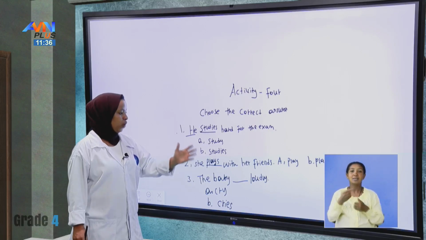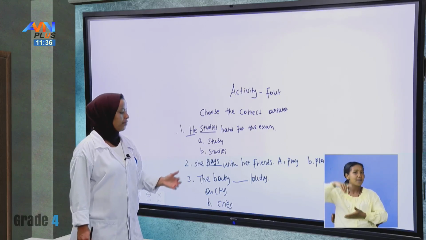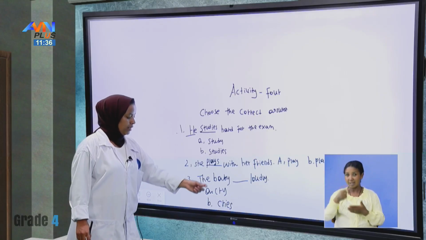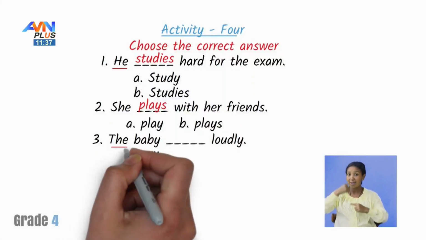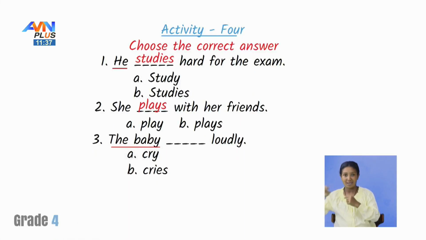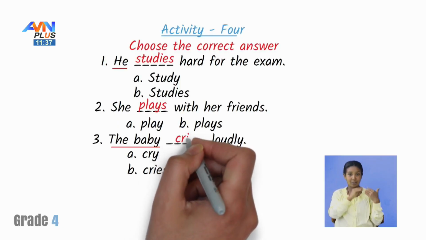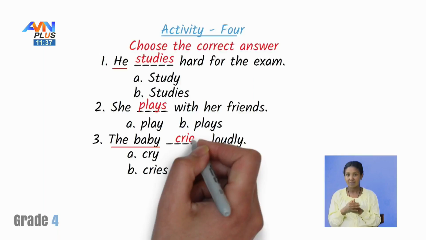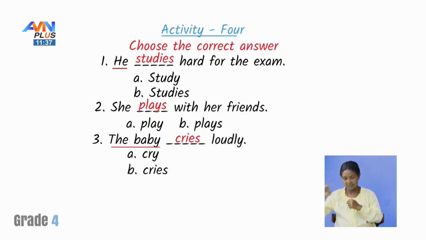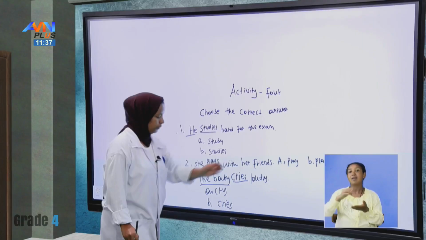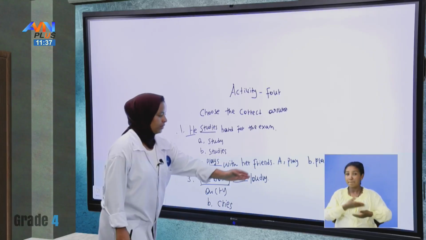The baby blank loudly. Here is cry and also cries. So the baby is a singular subject. So we are going to use cries. The baby cries loudly.